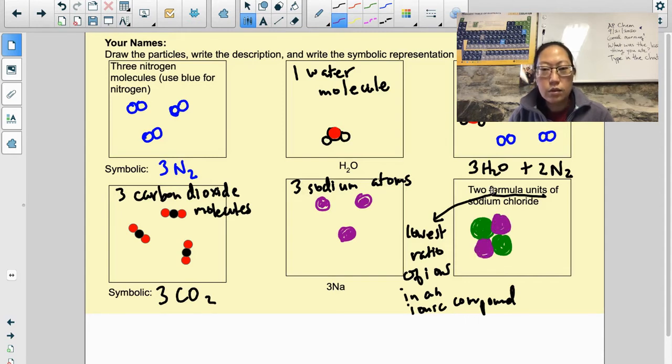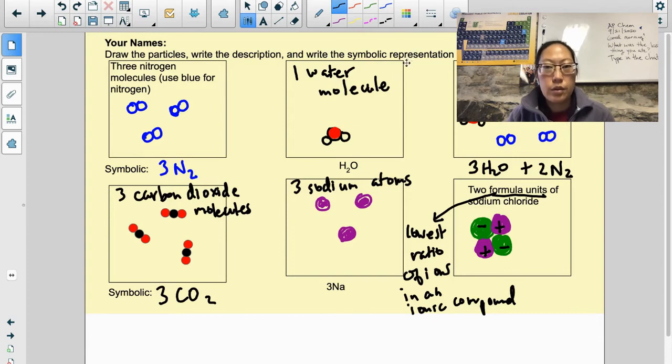And remember that they have charges, so our sodium, oh, sorry, go back here. That's not our sodium. This is our chloride. Chloride has a -1 charge, and our sodium has a plus charge. So here we have a sort of a little lattice of sodium and chlorine atoms together.